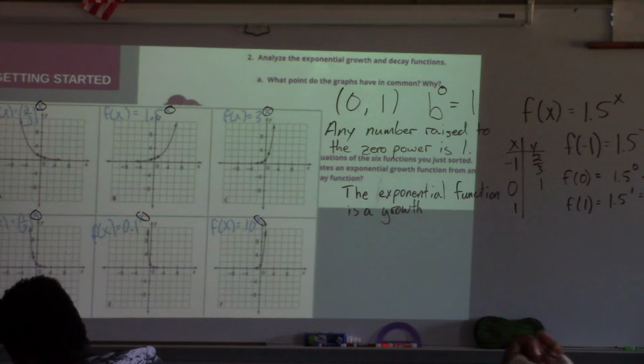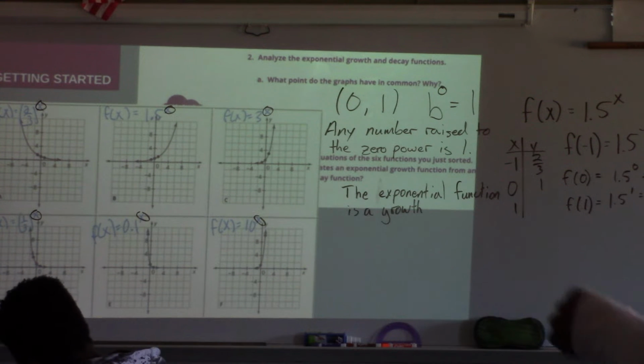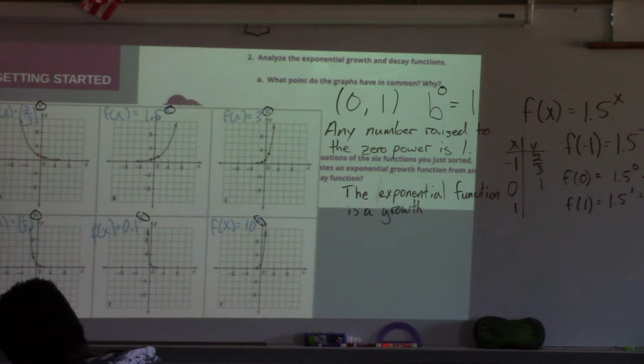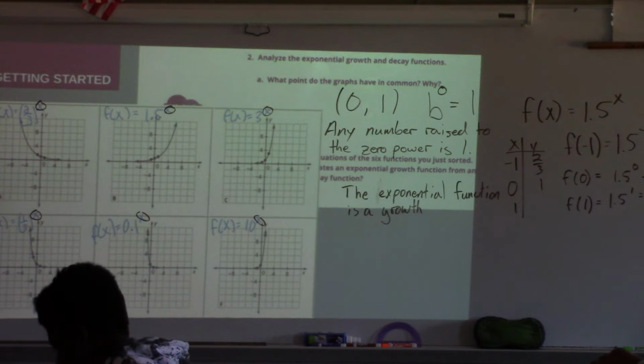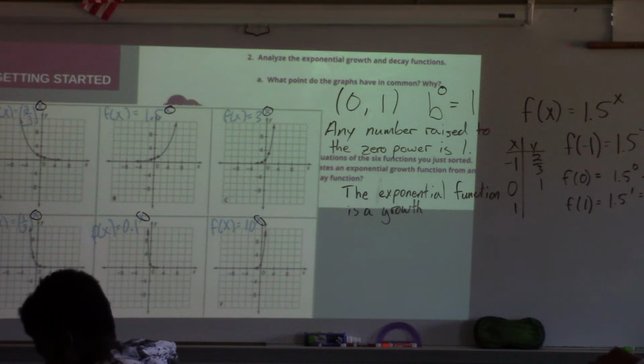The function of growth is when it starts to increase, if you look at it left to right. But are you looking at the equation or are you looking at the graph? Look at the graph. Okay, but I'm asking about the equation. It starts going down when the numbers go down.